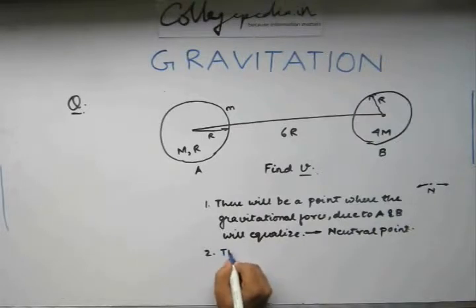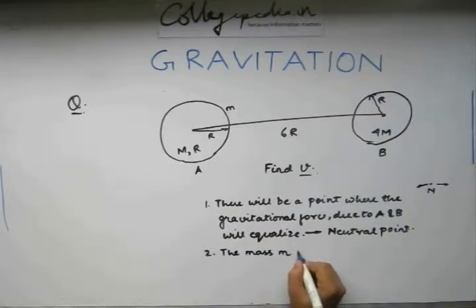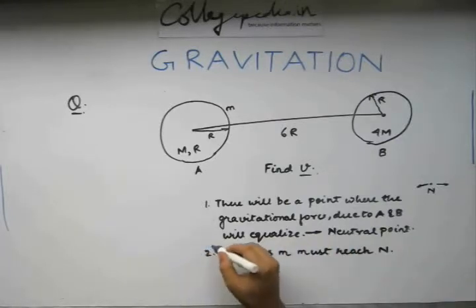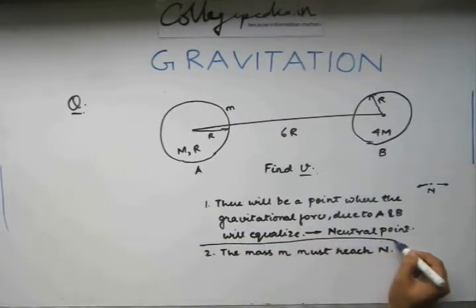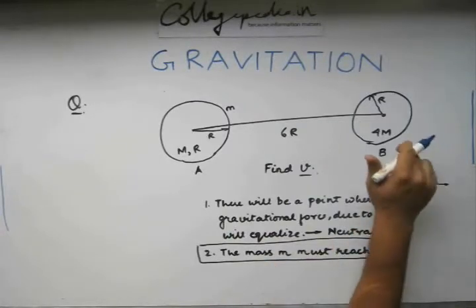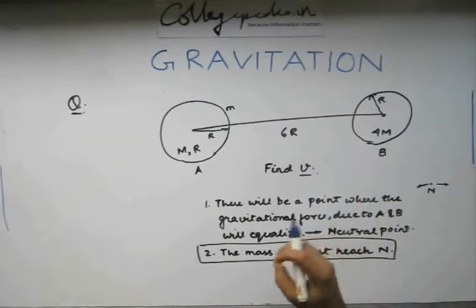So, the mass m must reach n. This is what we are going to focus upon. Because we know if the mass reaches n, it will surely be attracted towards B if just a little more velocity were given.